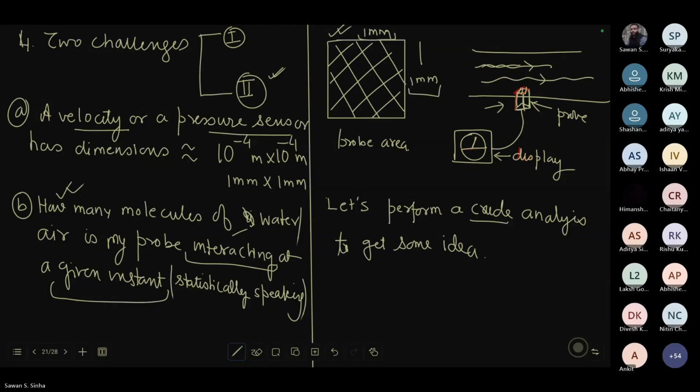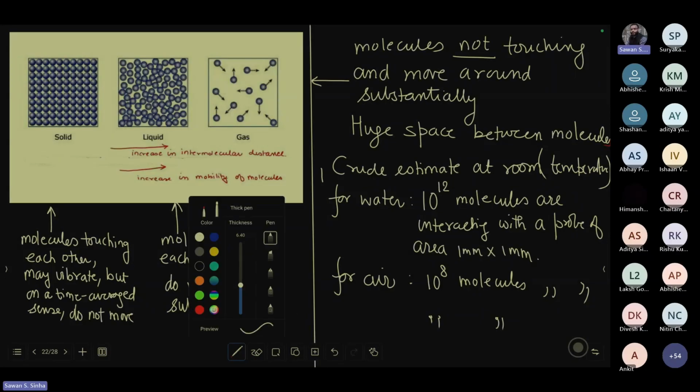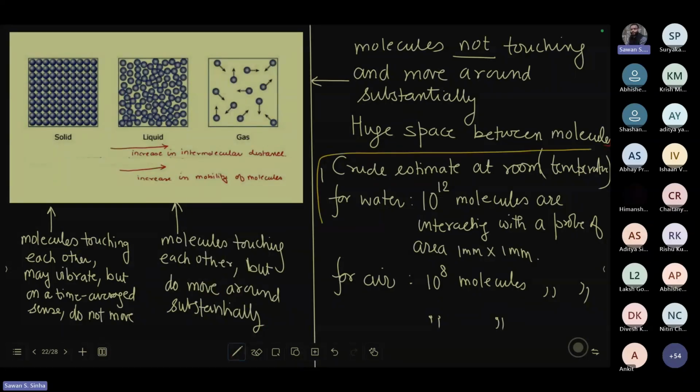Okay. That number turns out to be what I have here. Let's first pay attention to this part. We can perform a crude estimate. I am not presenting that way of estimation here.